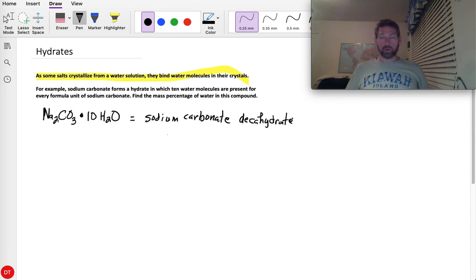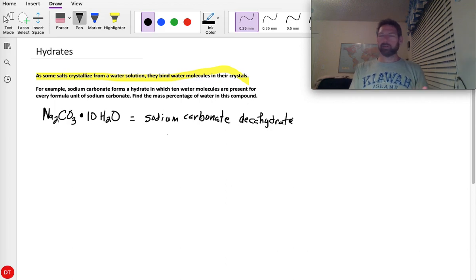So no matter what you've got, first thing you do is you always name the ionic part of the substance. I don't care if it's type 1 or type 2, it doesn't matter. You name it according to those type 1 and type 2 rules. And then you use the prefix that you've learned, mono, di, tri, tetra, and so on, to say how many moles of water you have, right?